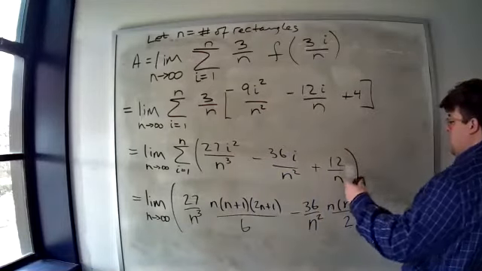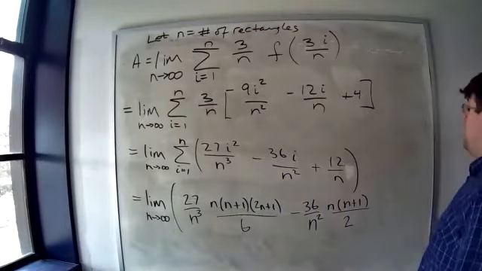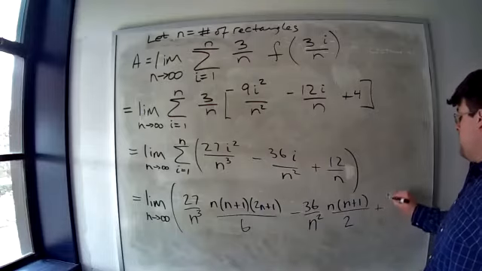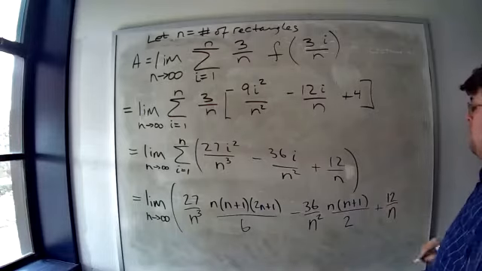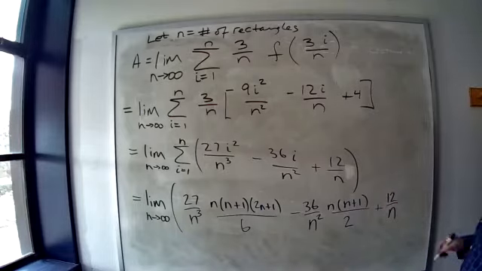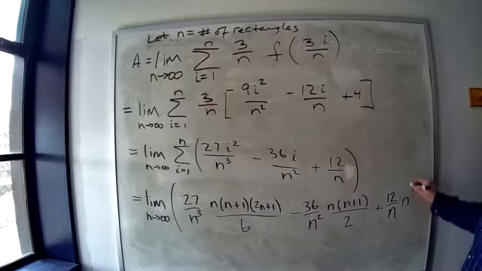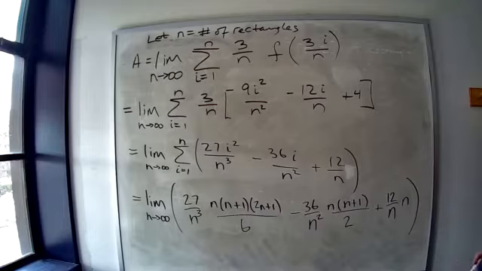You could think of that as 12 over n times 1. Either way, we would have a 12 over n, and then the sum of 1 is given on that page. The sum of 1 is n. So in that step, we were able to get rid of the sums and the i's by using those three formulas. Any questions about that step?